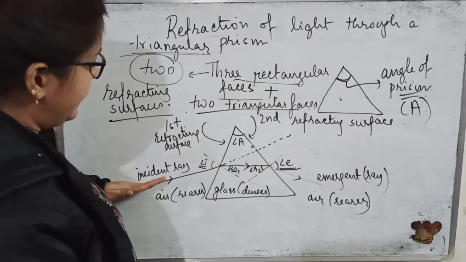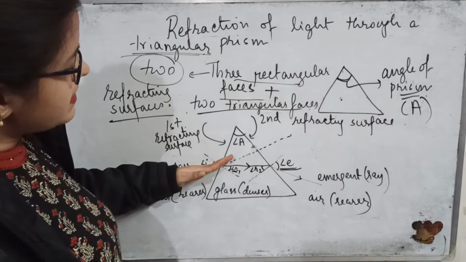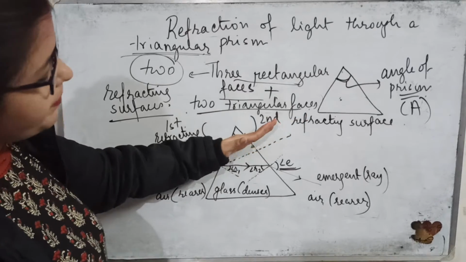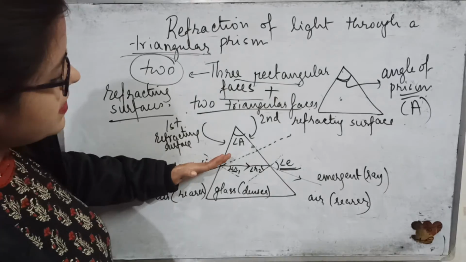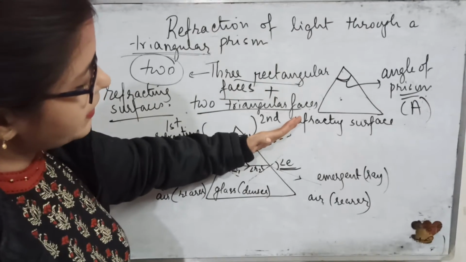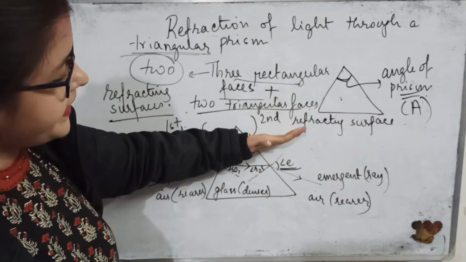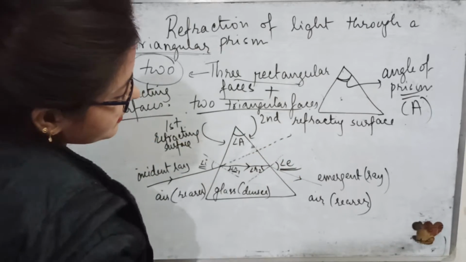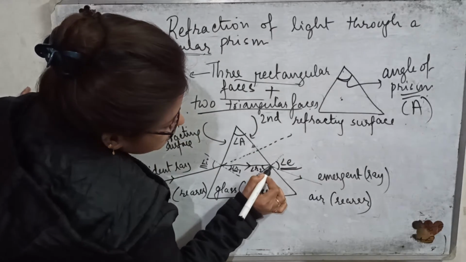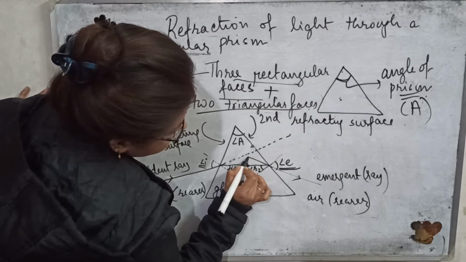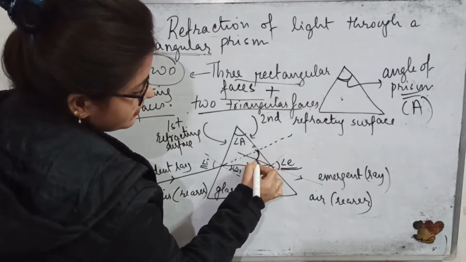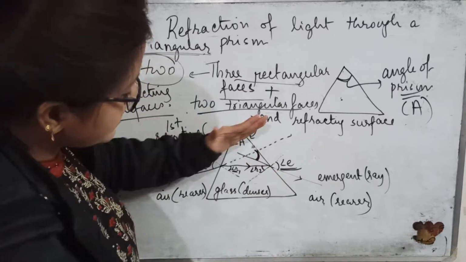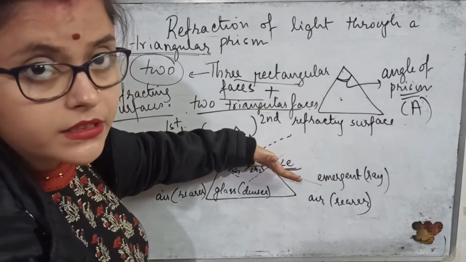Now just think, the light ray, instead of following its original path, has got deviated like this, isn't it? The light ray, instead of following the original path, got deviated at an angle. So if we produce this emergent light ray backwards, this is the angle by which it got deviated.